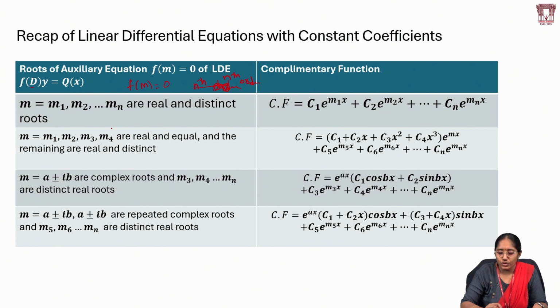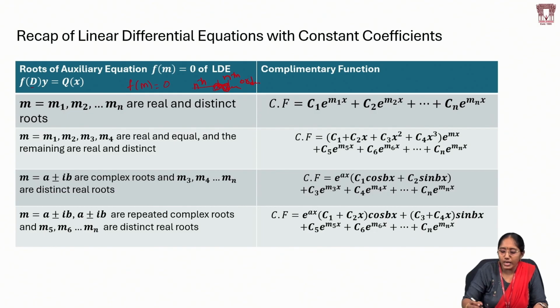Then the complementary function is c1 e power m1x plus c2 e power m2x and so on, cn e power mnx. Suppose m1, m2, m3, m4 are real and equal roots, and the remaining n minus 4 roots are real and distinct.